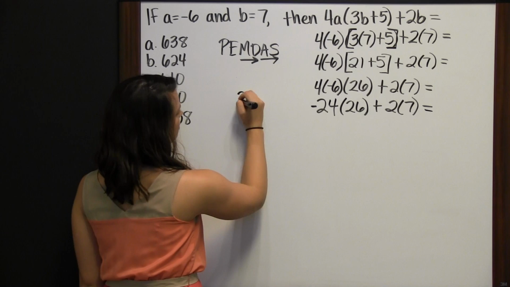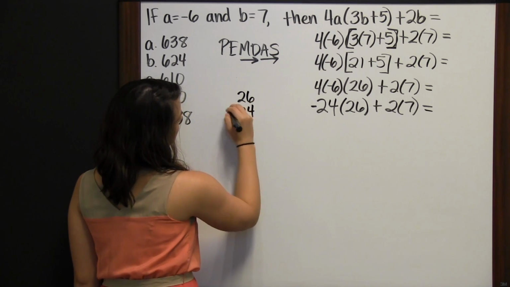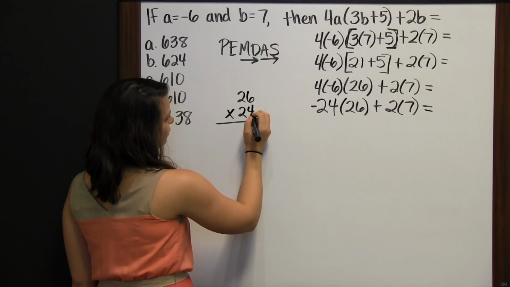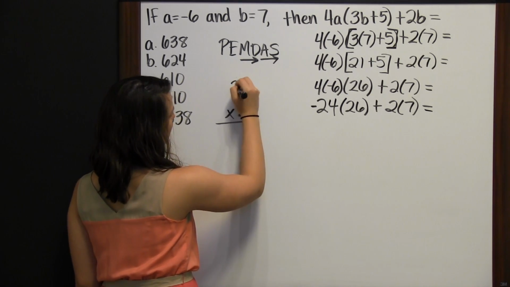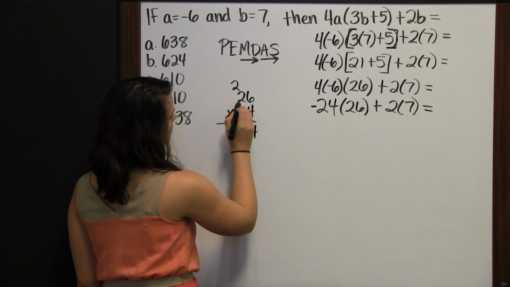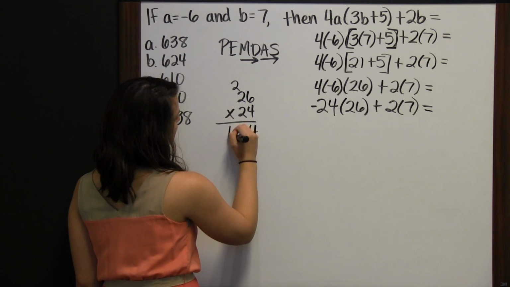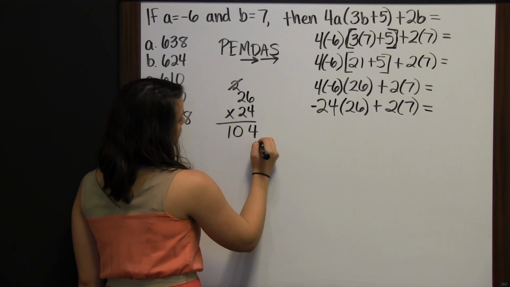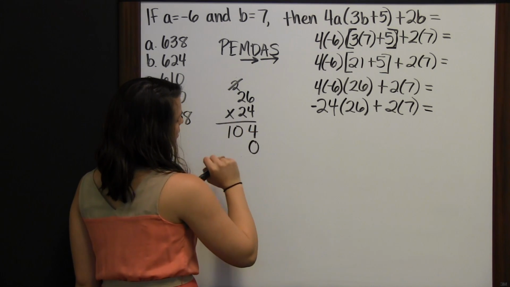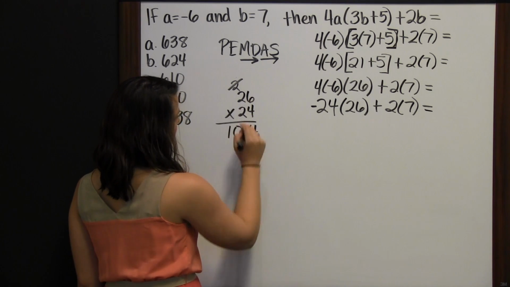And I'm going to do that just right here to the side. 26 times 24. 4 times 6 is 24, so you write the 4 and carry the 2. 4 times 2 is 8, plus 2 is 10. And then we use a 0 placeholder so we can move on to the 2. 2 times 6 is 12.